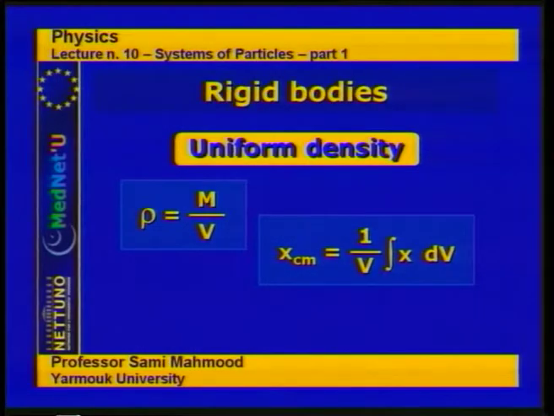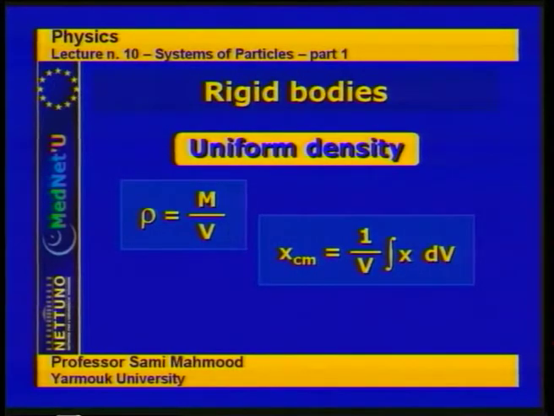In this case, we substitute for the mass M and for the mass element dm inside the integral. And if we do so, the density rho, which comes from dm, cancels the density rho, which comes from M, the total mass.